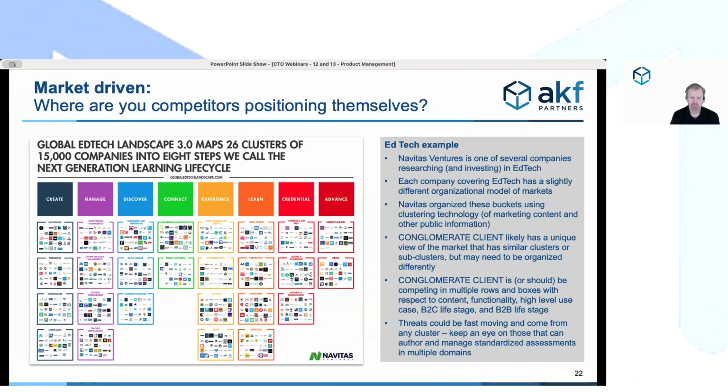All right. So busy slide here. This slide is meant to show that you understand in the space that you compete in what are the different levels or areas of submarkets within there. And this example here is a study of an investor who looked at the education technology space.